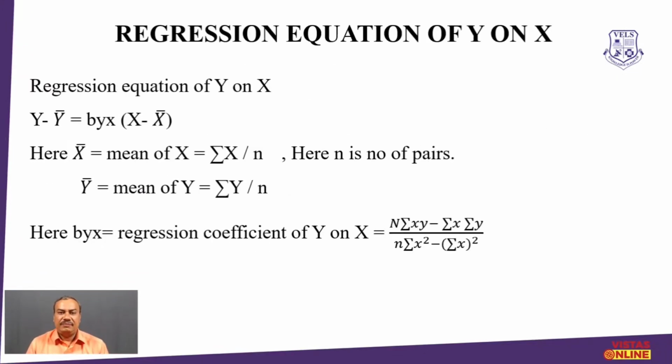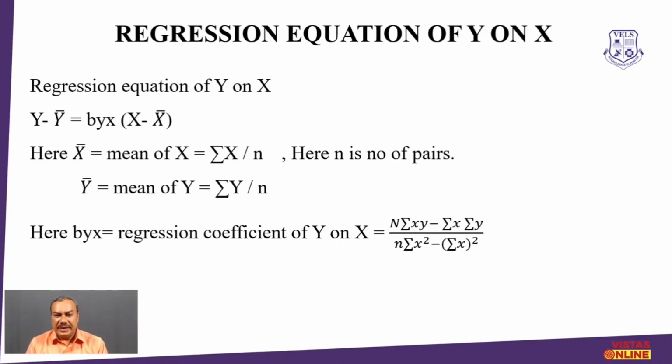So what is the formula for constructing the regression equation of y on x? The regression equation of y on x is y minus y bar is equal to byx into x minus x bar.